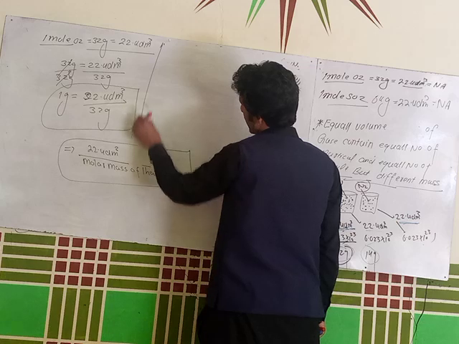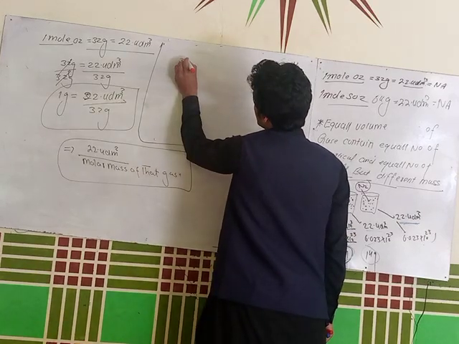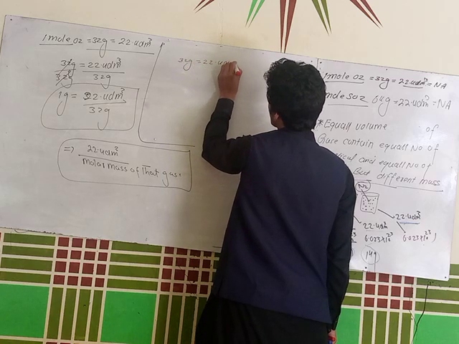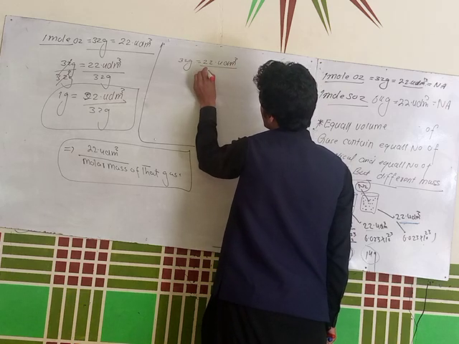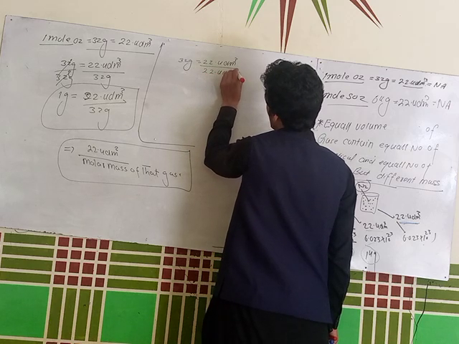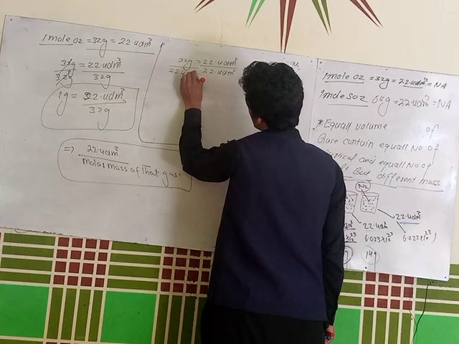Let's write another equation in this way. 32 gram contain 22.4 decimeter cube. If someone asks how much oxygen is contained in a single decimeter cube, you divide 22.4 decimeter cube, and that side will also be divided by 22.4 decimeter cube.